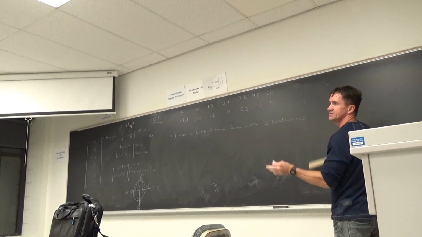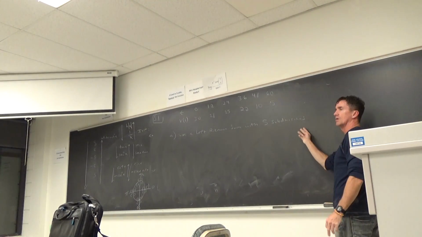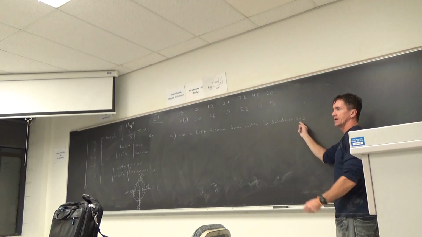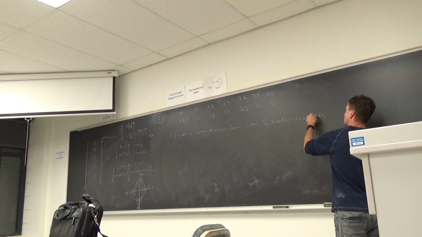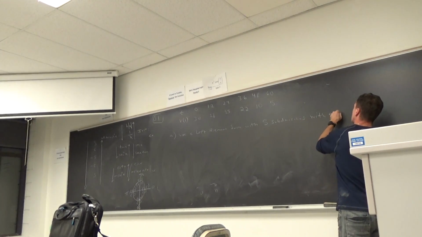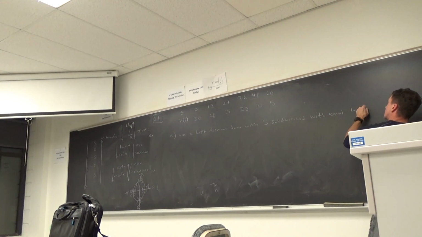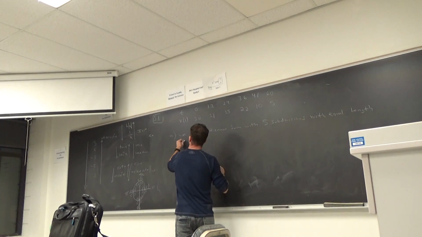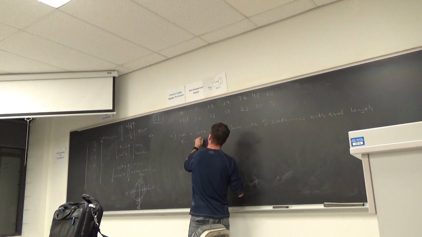And then I would say this, just so there's nothing ambiguous about this, with equal length. The subdivisions have equal length. Okay? And I want you to use a left Riemann sum with 5 subdivisions of equal length to estimate, here we go.